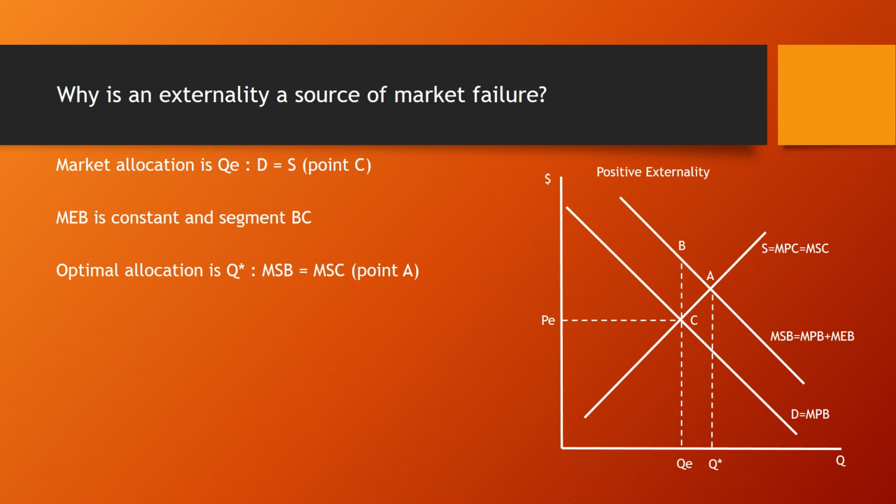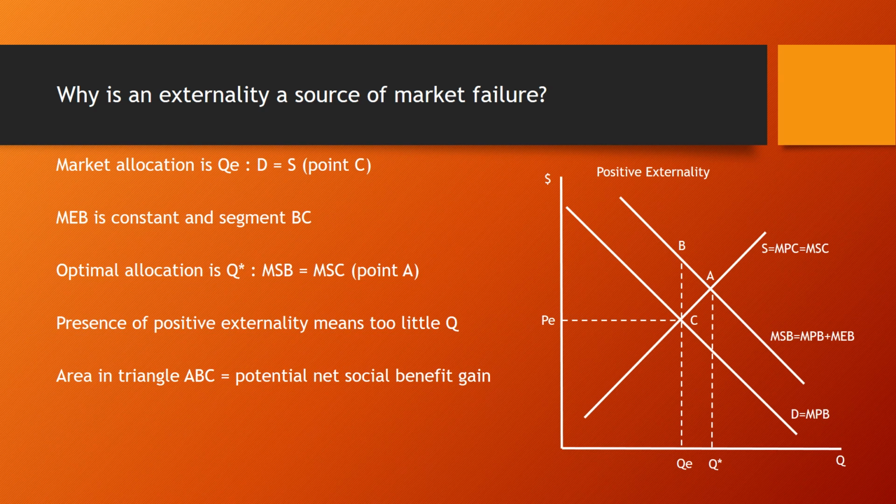So we conclude the market allocation will be inefficient if there is a positive externality. And we also notice that if there is a positive externality, the market will produce too little output. A larger quantity, Q star, should be produced from the point of view of efficiency.